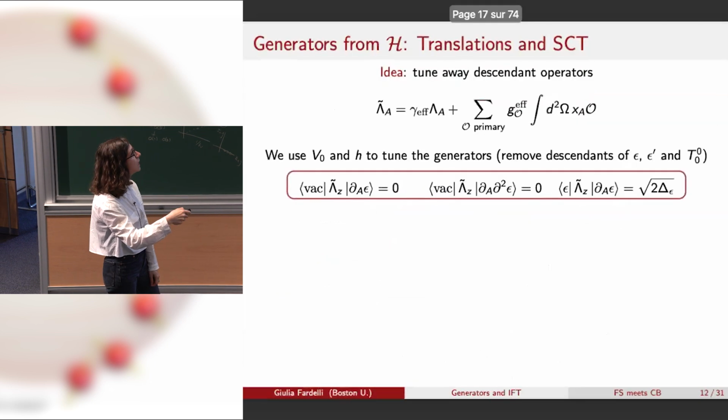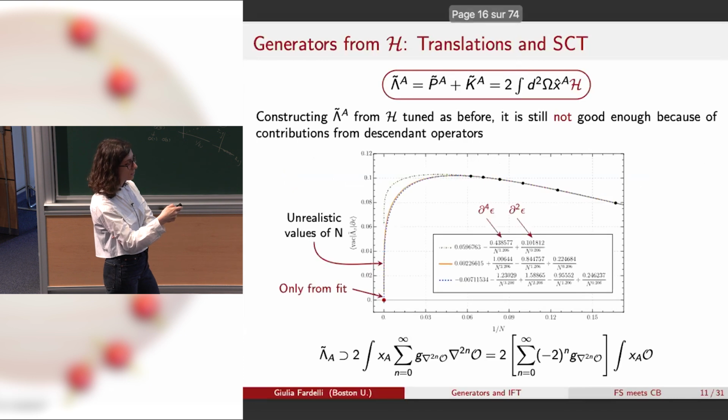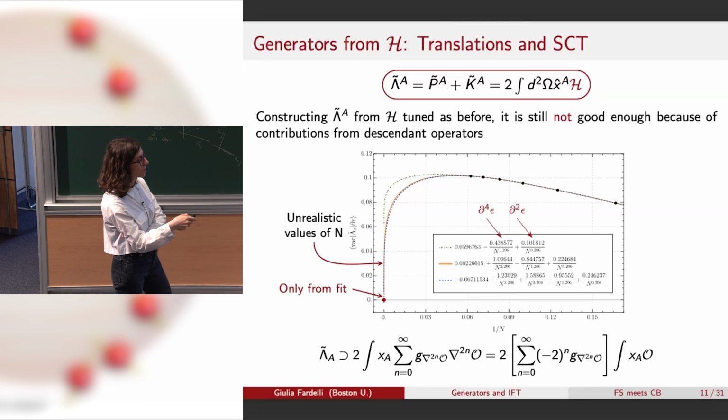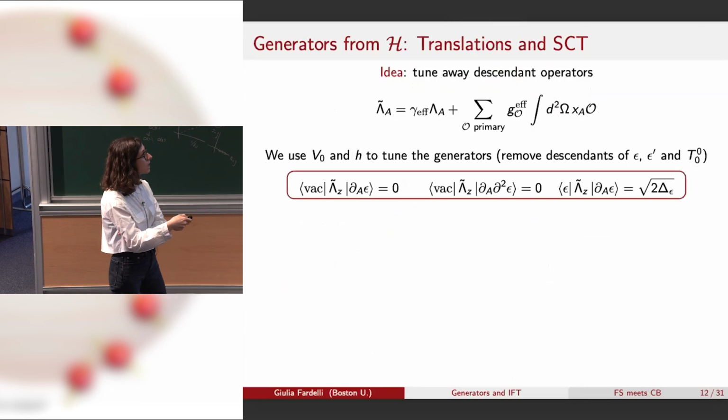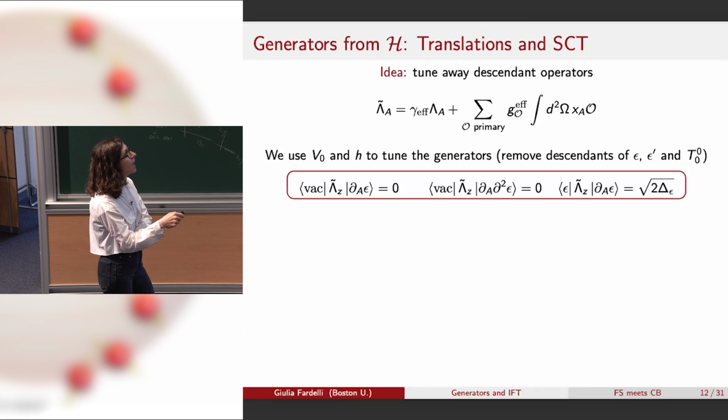So more concretely, we can write down lambda tilde similar to what we have done for the Hamiltonian. There is a rescaling factor coming from the fact that we can also remove descendants of T00. And then we have a sum over primaries times this G effective, which is what I call this sum, in principle an infinite sum of descendants, times the integral of the primary operator.